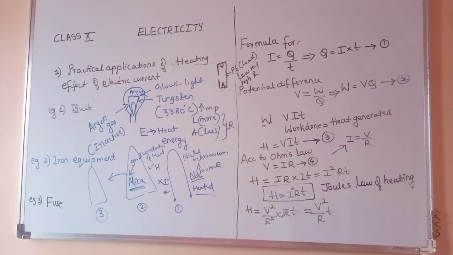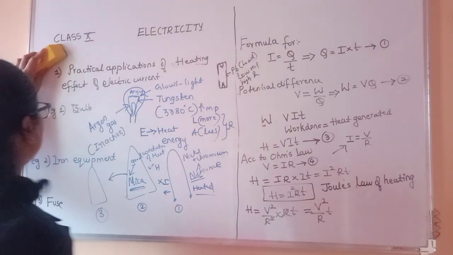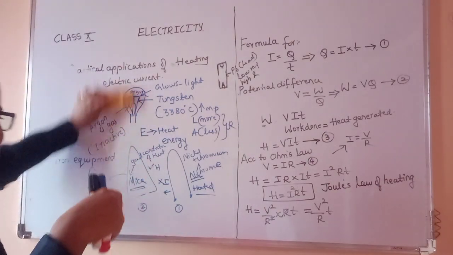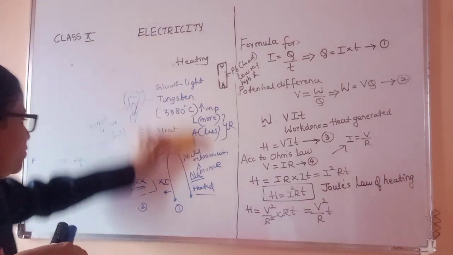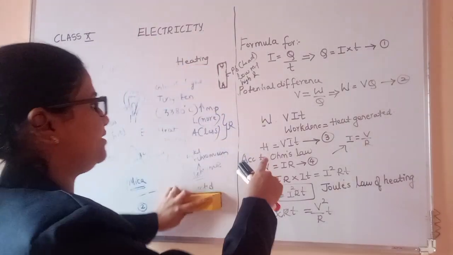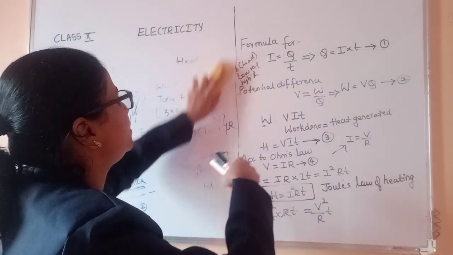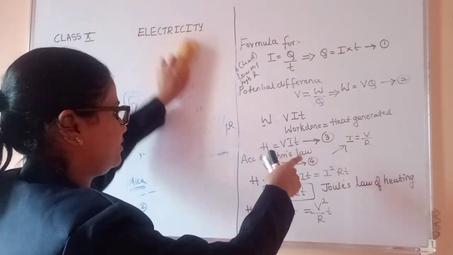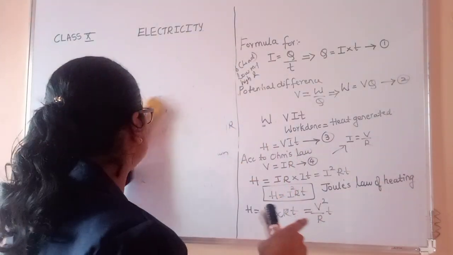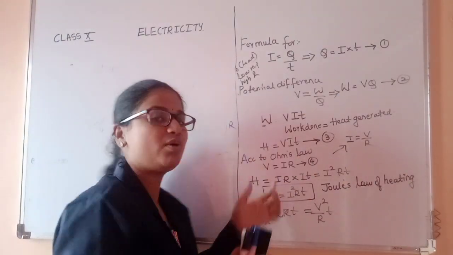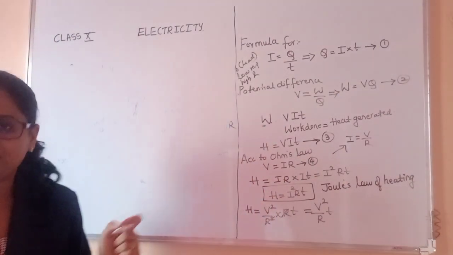Let us move to the next concept, the last concept of electricity, guys. So let me rub this because I want that part. We know that the heat or the work done in the electrical circuit will be in the form of heat energy.